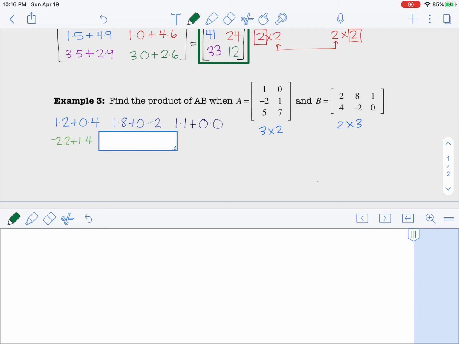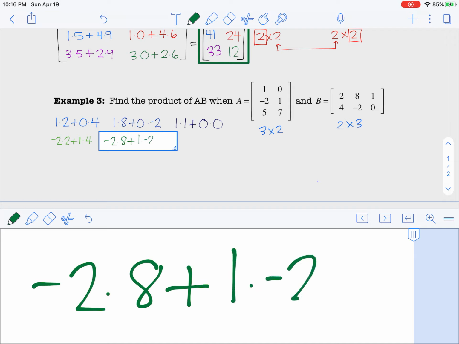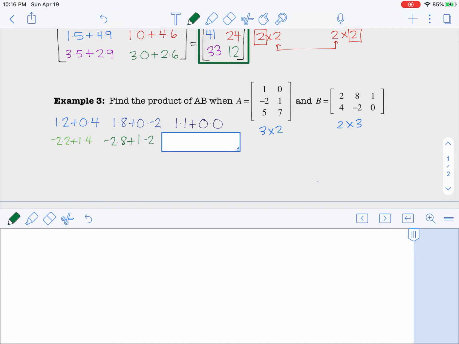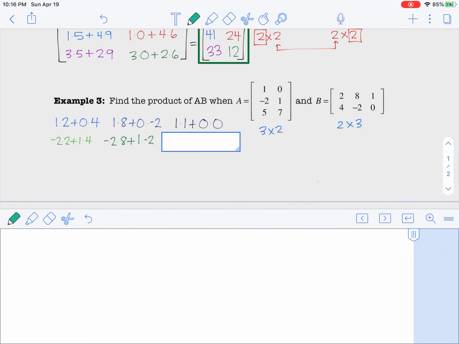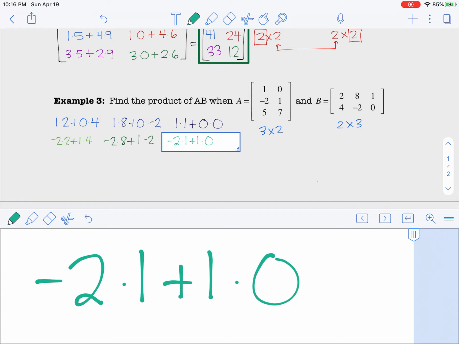Then we have negative 2 times 8 as we move on to that second column, plus 1 times a negative 2. Then we have negative 2 times 1 plus 1 times 0.